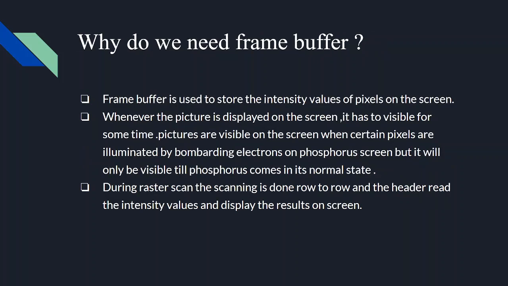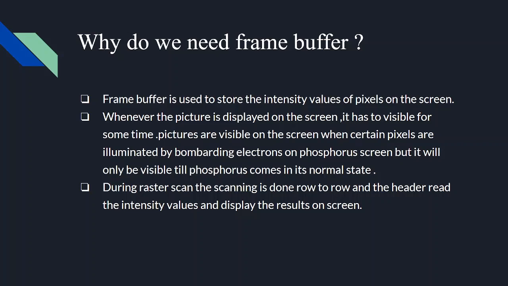Next, why do we need a frame buffer? As I already said, the frame buffer is used to store the intensity value of pixels on the screen. Whenever a picture is displayed on the screen, it is visible for some time only. Pictures are visible on the screen when certain pixels are illuminated by bombarding electrons on the phosphorus screen, but they will only be visible till the phosphorus comes back from its excited state to its normal state.